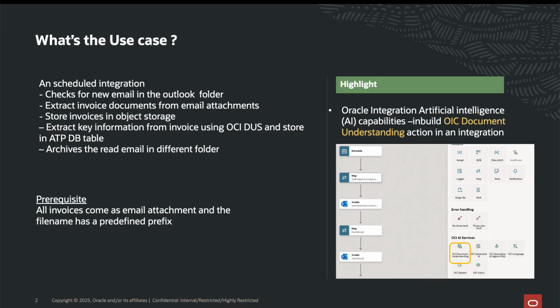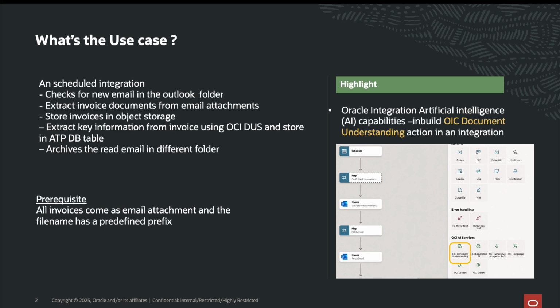Then it extracts the invoice documents from the email attachments, stores those invoices in the object storage, extracts the key information from the invoice using the OCI Document Understanding service, and then it stores that information in the ATP database table. And then if all these steps have been executed successfully, it goes ahead and archives the read email in a different folder in the Outlook.